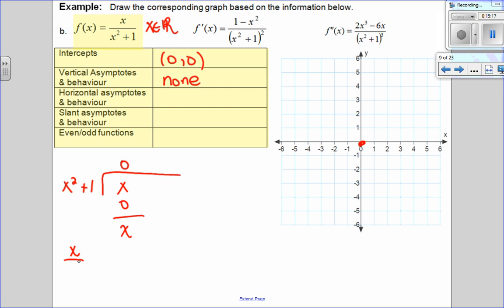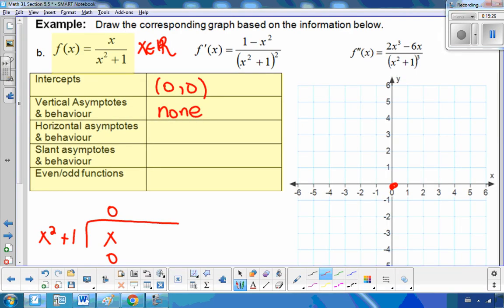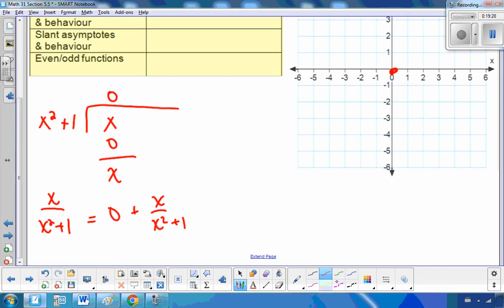So what that means is x over x squared plus 1 is 0 plus x over x squared plus 1. So in this case here, the 0 will be my horizontal asymptote. So I'll note that here, horizontal asymptote at y equal to 0.